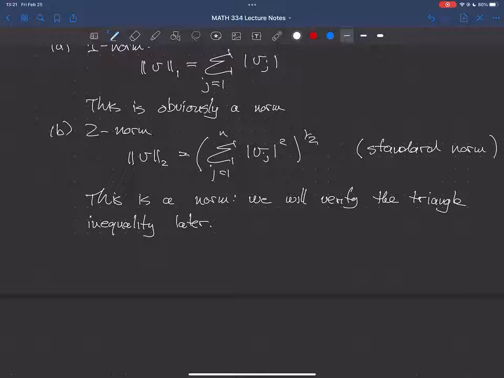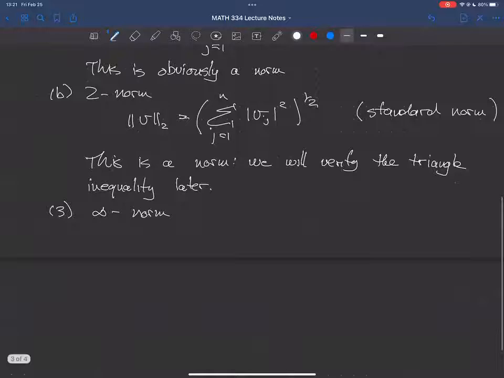Okay. And then finally, the last of the three norms we'll talk about here is the infinity norm. The infinity norm of a vector v in F^n is defined like so. You take the maximum size of the modulus or absolute value of the components of the vector.